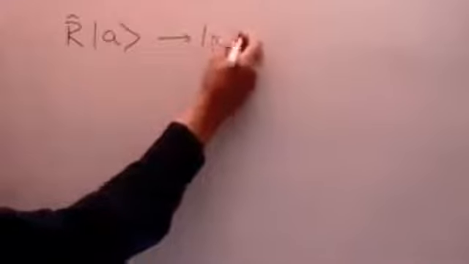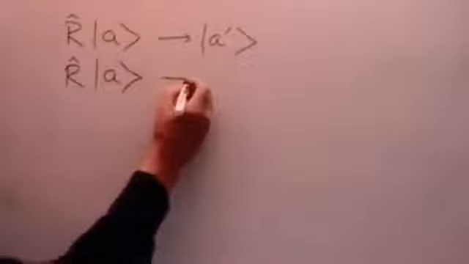Okay, so let's take that unitary operator, which is the rotation operator, act it on state A and produce state A prime. So far so good. But if I take the operator and act it on state A, but I rotate it through an angle of 0, which essentially means I don't rotate it at all, then the vector won't change.